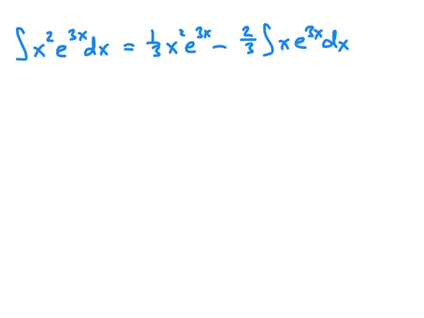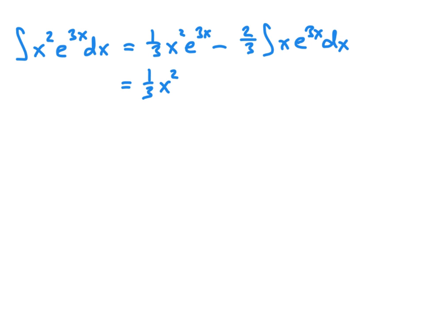So we start with our first integration by parts formula that says our given integral of x squared e to the 3x dx is equal to 1/3 x squared e to the 3x minus 2/3 integral x e to the 3x dx, and then substitute in the appropriate expression for this new integral.